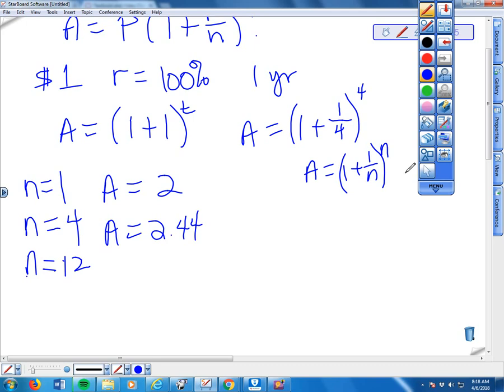So what do I have if n is 12? $2.6. Give me a couple more decimals. 1.3. It's continuing to improve my profit as I continue to increase that compounding.